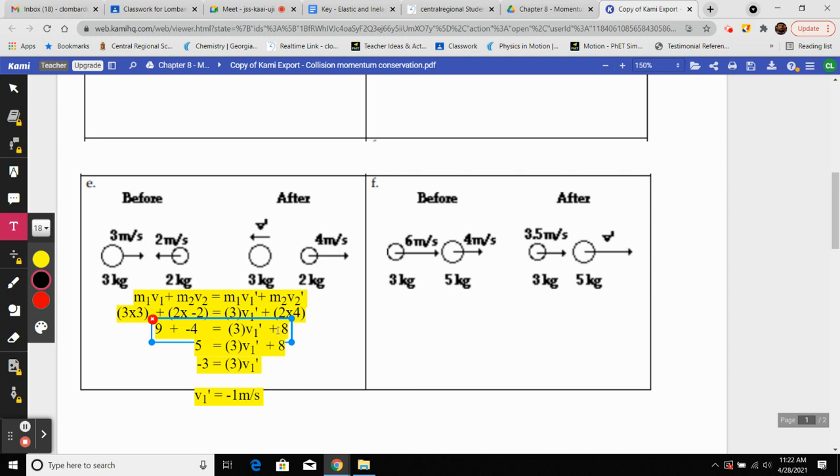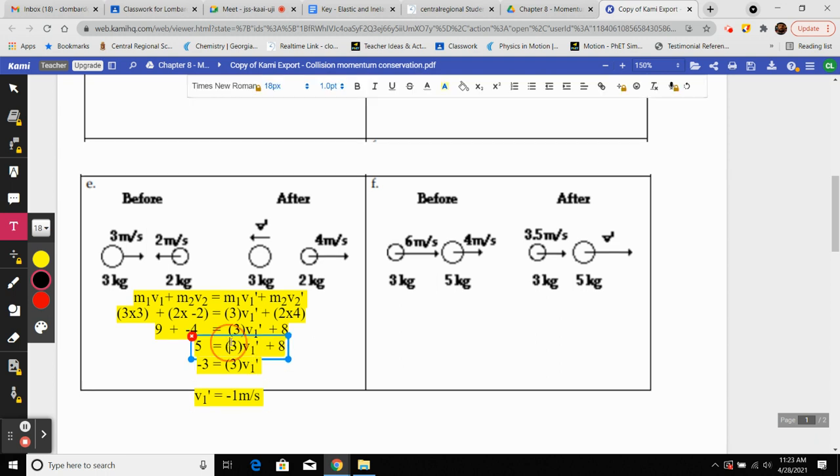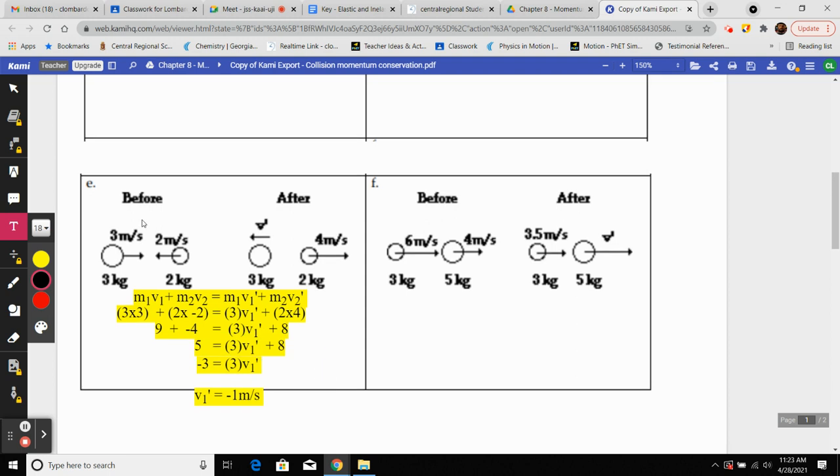If I have a positive 8 on this end, what plus 8 equals 5? A negative 3. So what times 3 gave me a negative 3? A negative 1.